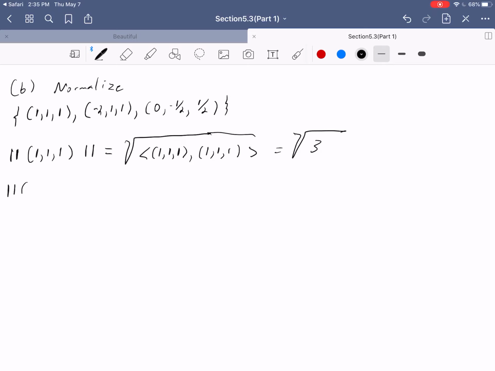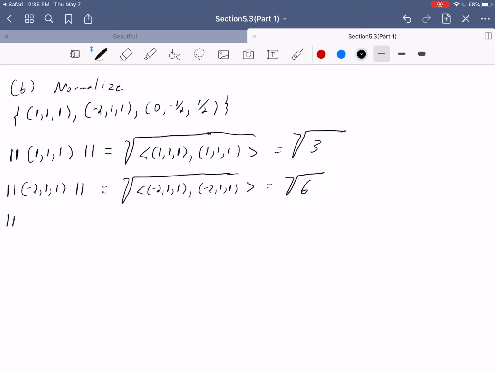The norm of (-2, 1, 1) is just going to be the square root of the inner product of (-2, 1, 1) with itself. And that looks like it's going to be square root of 6.